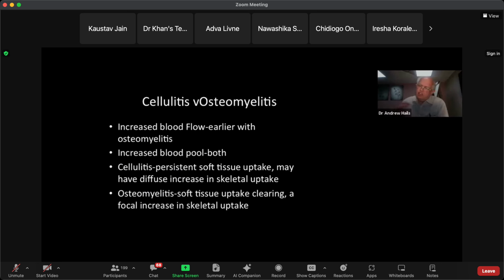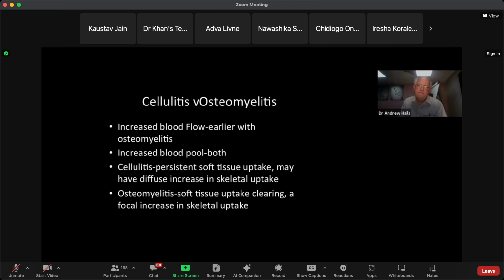You get persistent soft tissue uptake with cellulitis. With osteomyelitis, in the delayed bone phase images, it tends to disappear from the soft tissue, at least to a considerable extent, and have more focal increase in the skeleton. So to some extent, it's possible to tell a cellulitis from an osteomyelitis.